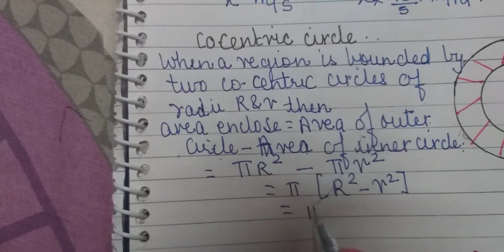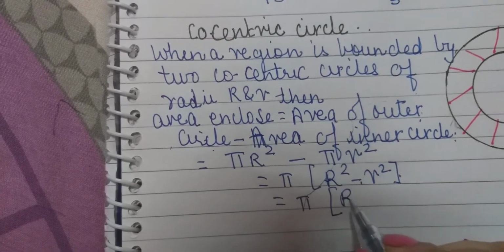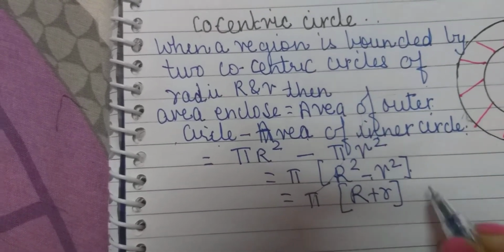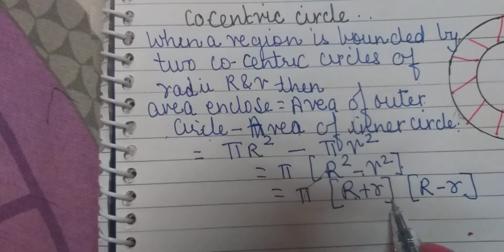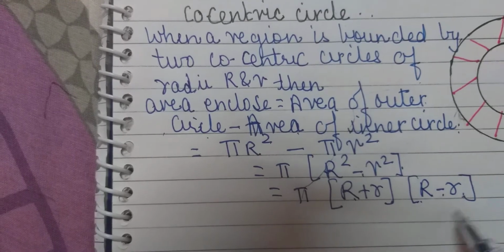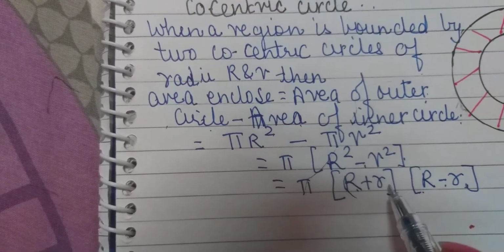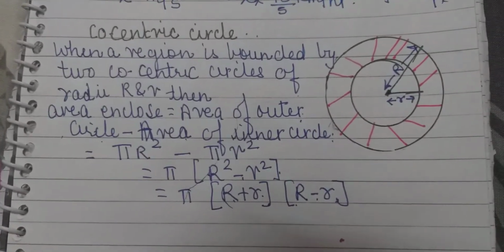So it will be pi, and you know a square minus b square is a plus b and a minus b. So it will be capital R plus small r and capital R minus small r. This is the difference between the two radii and it is the sum of two radii. I think till here it is clear to you.